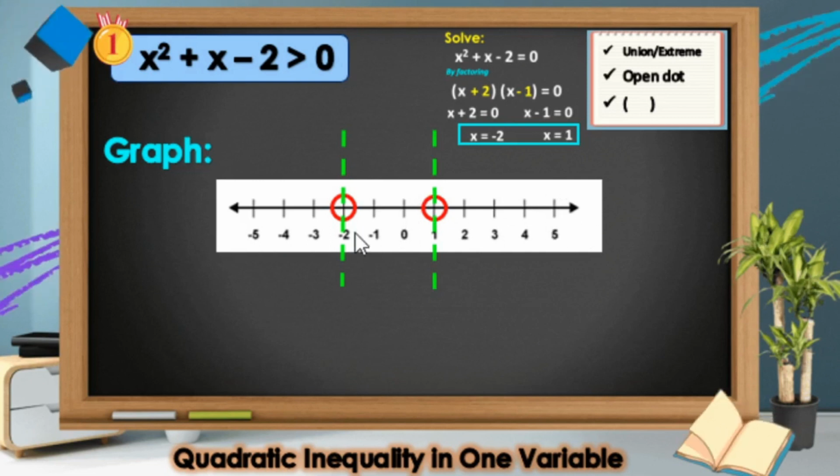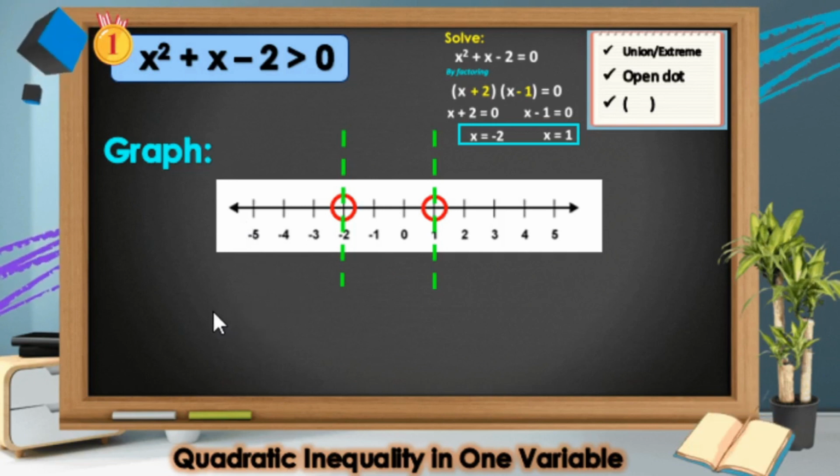So, magsasubstitute tayo ng any point from these regions, no? Kung ano yung magsasatisfy dito sa ating given inequality. Kapag nag-satisfy or kapag nag-true, isi-shade natin yung region. So, ibig sabihin, kapag na-shade natin yung region, the points that lie on that region are part of the solution.